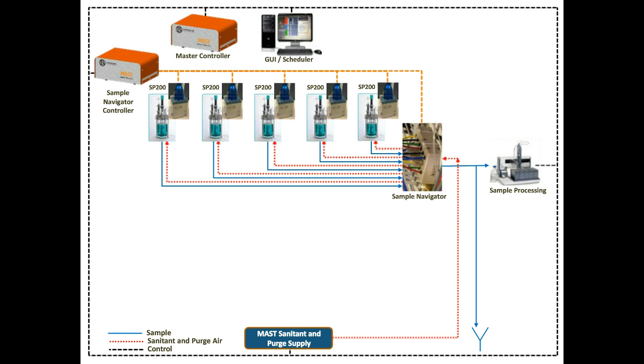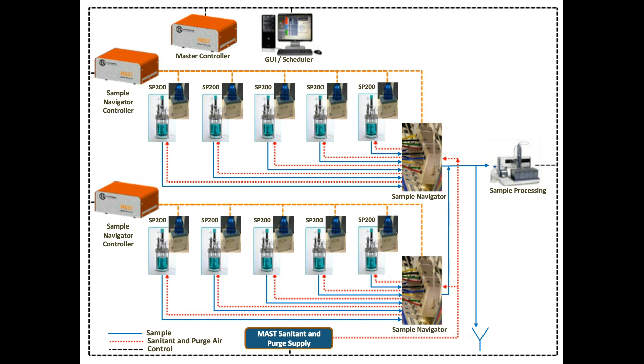So it's just an Ethernet connection and configuring the system in the GUI, and you're up and running with the expanded system. Like I said, the system is expandable up to 10, so you can add a total of 2 of these sample navigator controller modules that will allow you to pull up to 10 sample sources and route them to a destination.